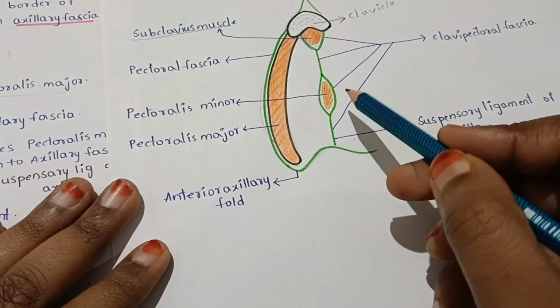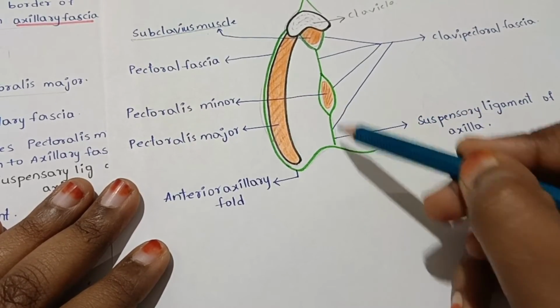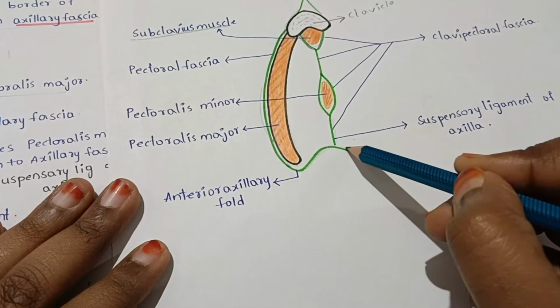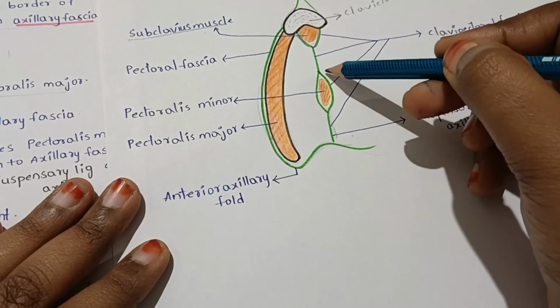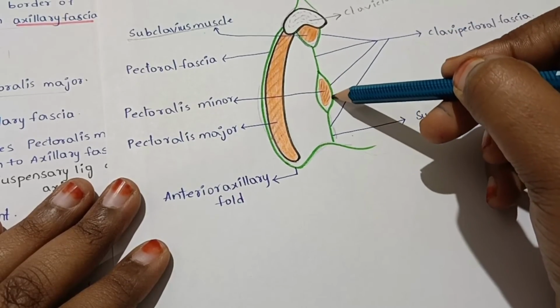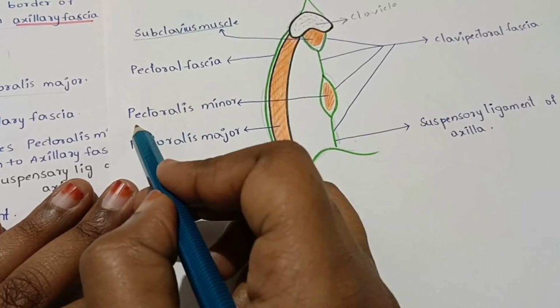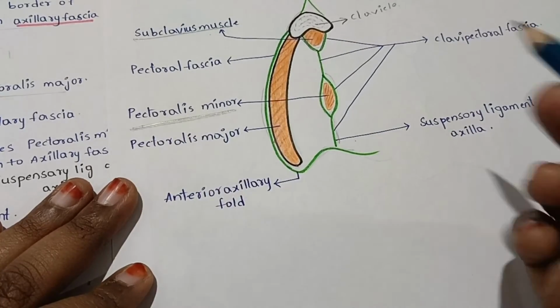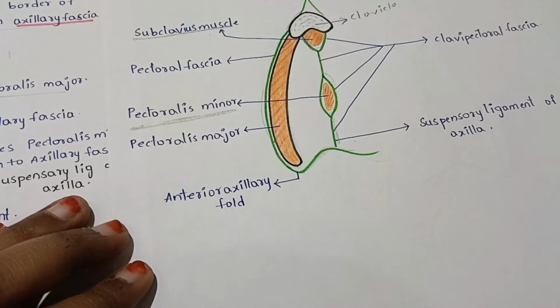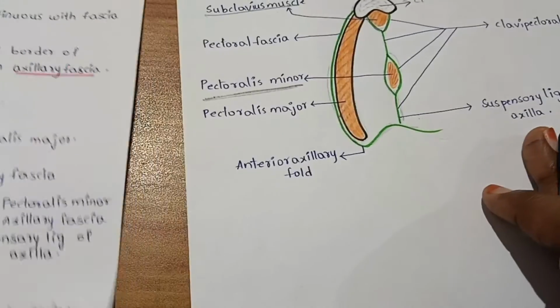Below, it is continued as axillary fascia, by splitting and enclosing the pectoralis minor muscle.